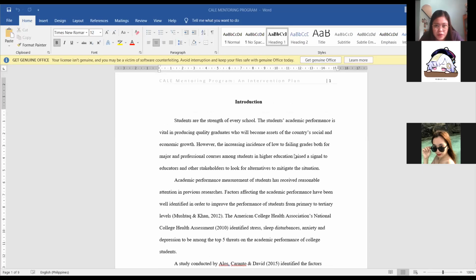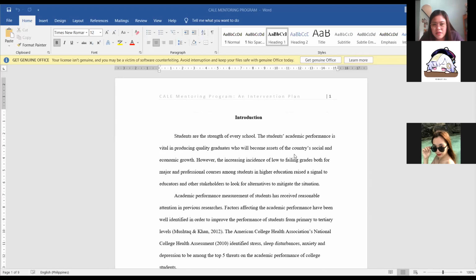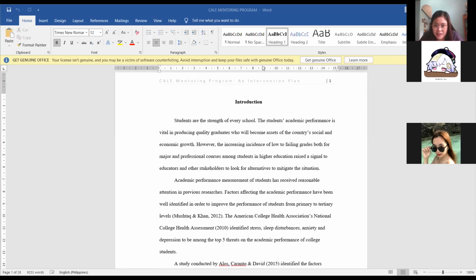So, what's the title of this? This is Kale Mentoring Program and Intervention Plan. So this is for the academic performance of the students sa eskwelahan para tabangan sila. So intervention plan man for the students.